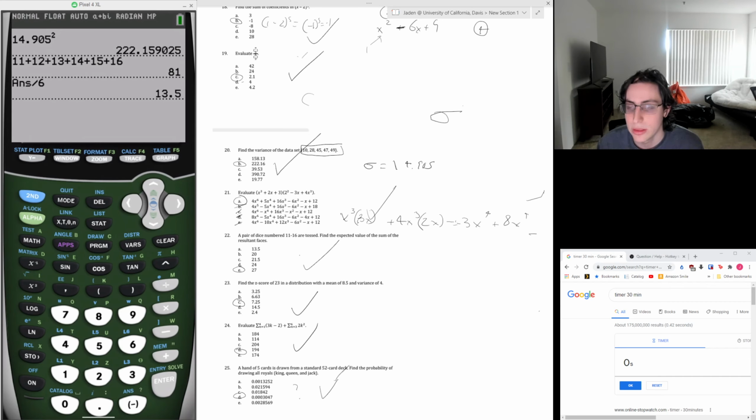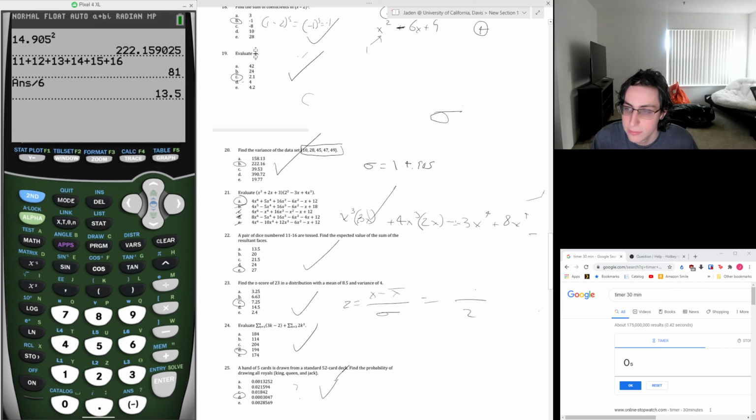Find the z-score of 23 in a distribution with a mean of 8.5 and a variance of 4. So for that, we have our z-score: z equals x minus mean over standard deviation. The standard deviation is the square root of variance, so we know that standard deviation is 2.